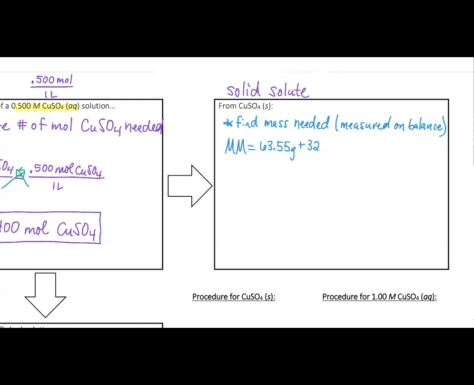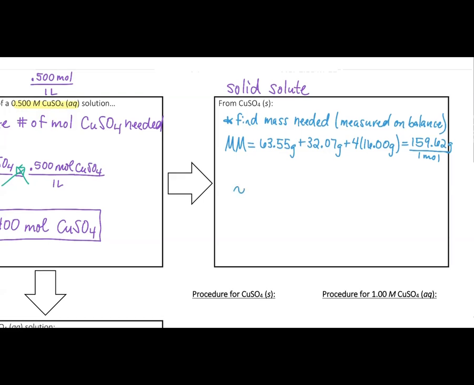Sulfur, 32.07 grams per mole. And then we've got 4 oxygens at 16.00 grams apiece. We add all of those up, we're going to get 159.62 grams for every 1 mole. So that's going to be one side of our proportion.